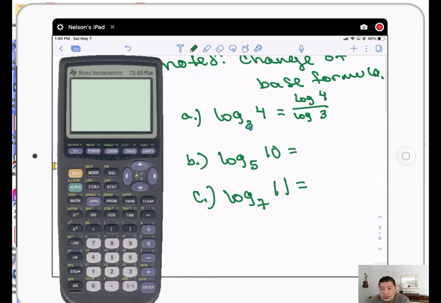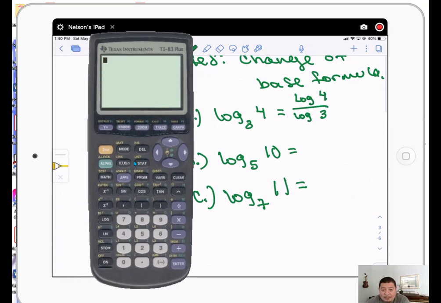By doing so, what you're actually doing is changing the little number that's supposed to go over here, this subscript, to a 10. And the calculator only understands base 10. Now, depending on the calculator that you have, it might just do it for you. But most calculators don't have that feature. So this is what we need to do.